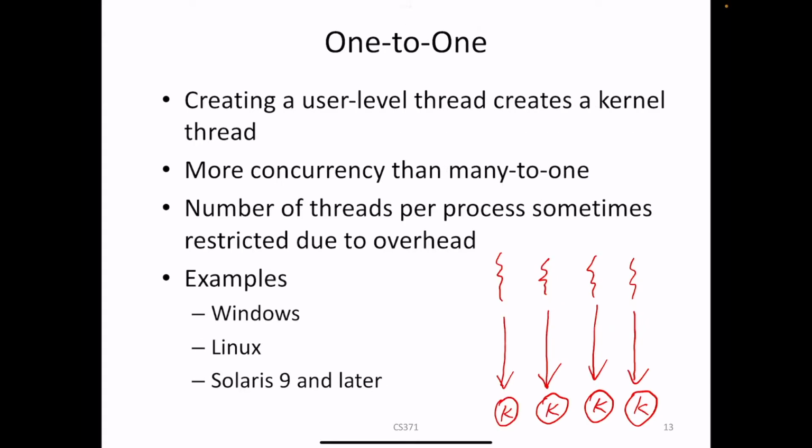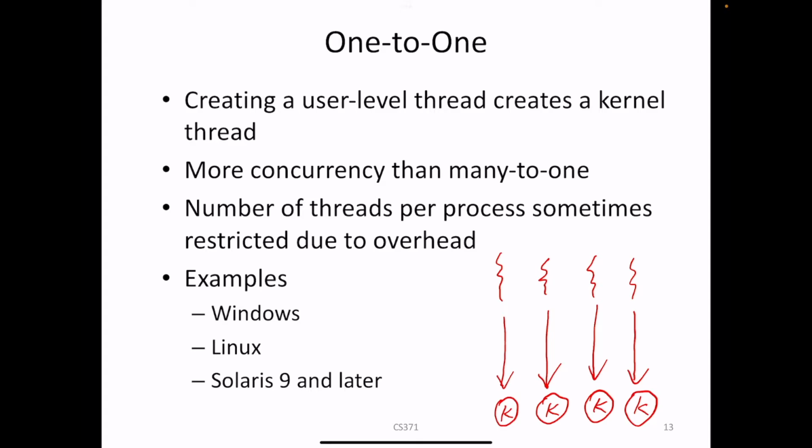The next one is one-to-one mapping. From the name, you may know that when you create a user-level thread, a kernel thread will be created to map the user thread. Since each user thread maps to a corresponding kernel thread, unlike many-to-one mapping, the kernel will be aware of the user threads in one-to-one mapping.